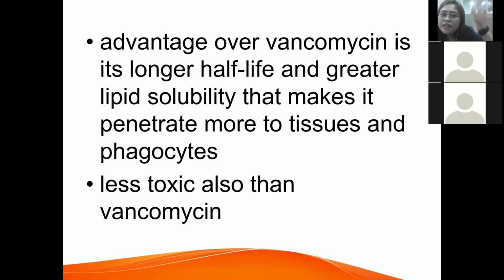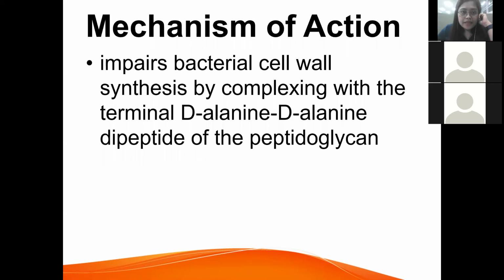Now, for antibiotics, if you have a longer half-life, it means it can be dosed once a day and its action can last for a longer period of time. And the number two advantage of teicoplanin over vancomycin is that it is less toxic. Remember, vancomycin can cause Redman syndrome. However, teicoplanin is not toxic compared to vancomycin.